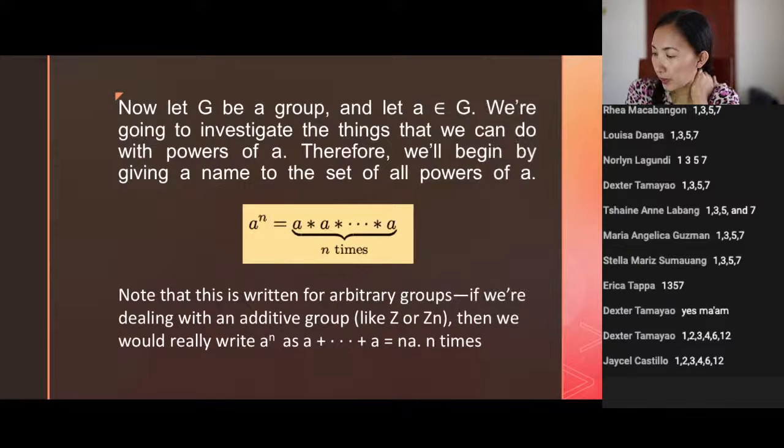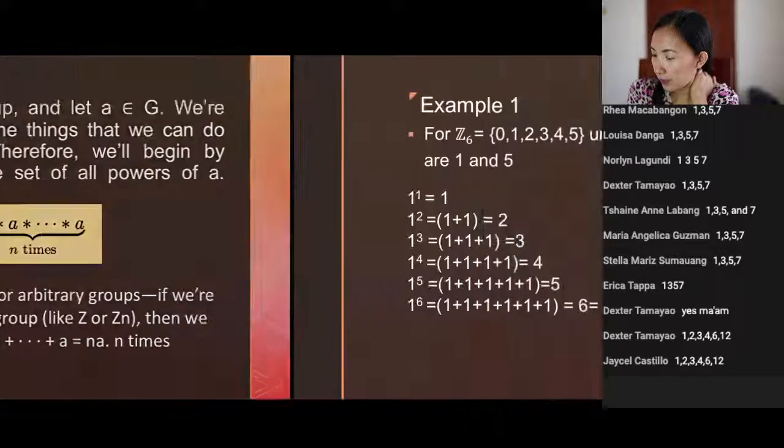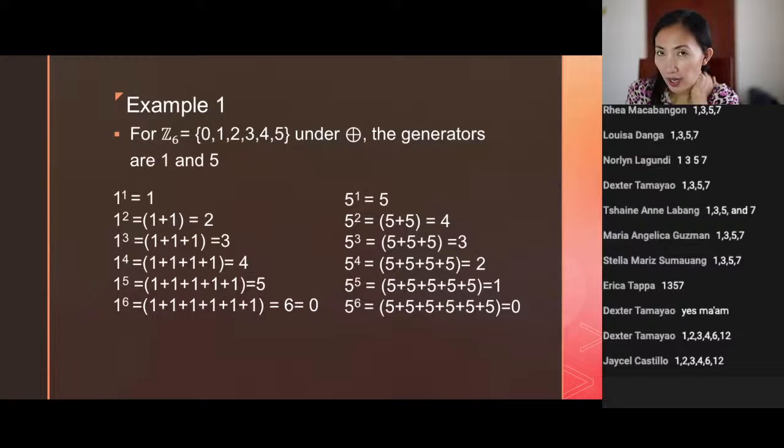Now, let G be a group. Ito siya, yung ating mga generators. So, what are the generators of Z sub 6? 1 and 5. I hope I answered your question on generator. Is it clear now? Okay, next.